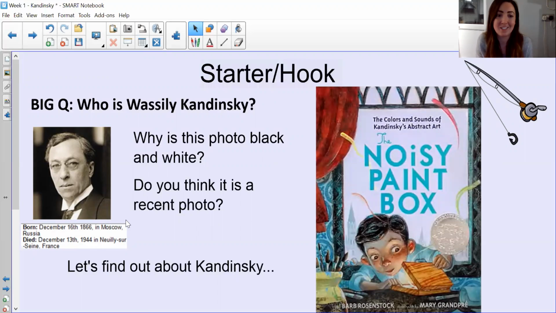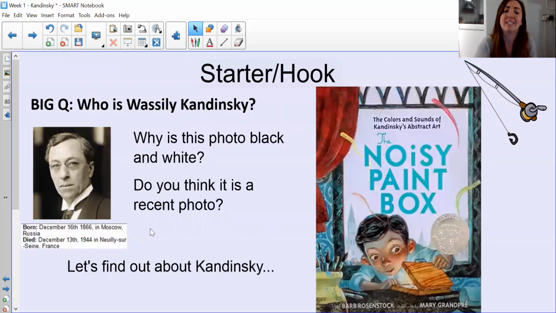No, that's right. It's not a recent photo. Vasily Kandinsky was born on December the 16th, 1866. Now that's over 100 years ago, around about 150 or so years ago. So a very long time ago, before colour photographs were invented.